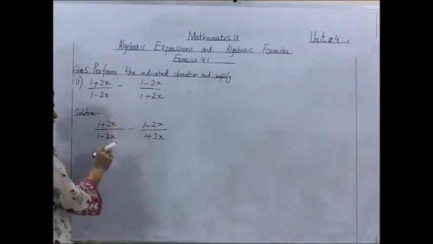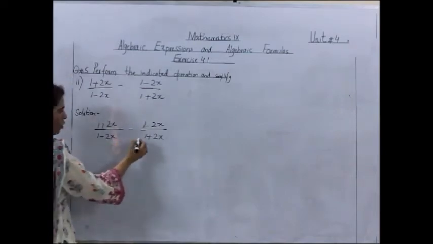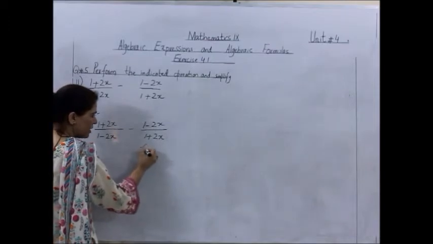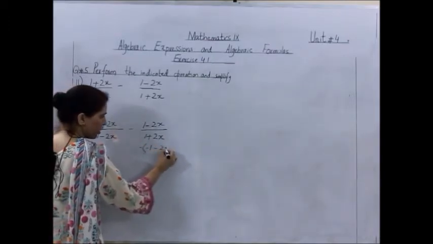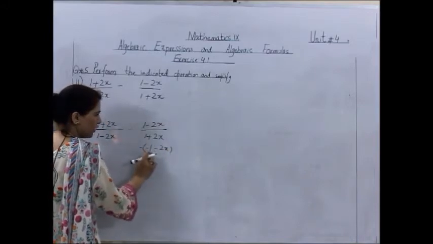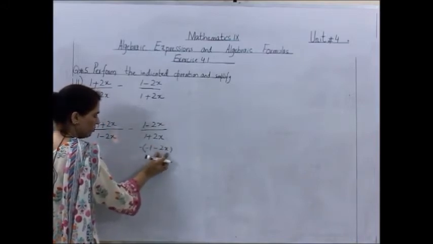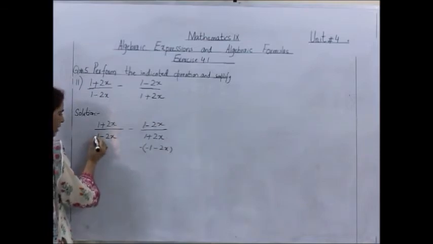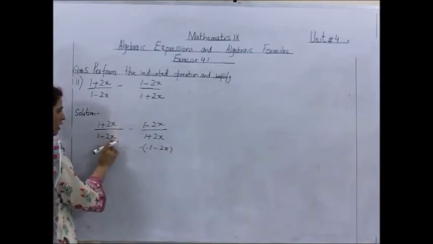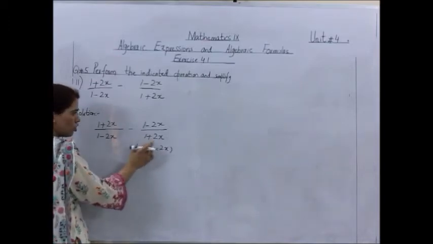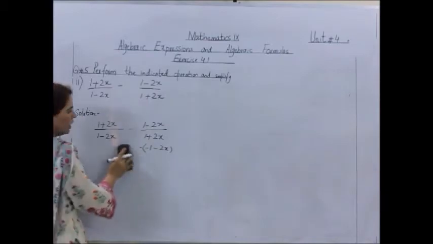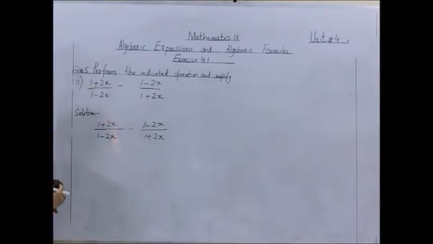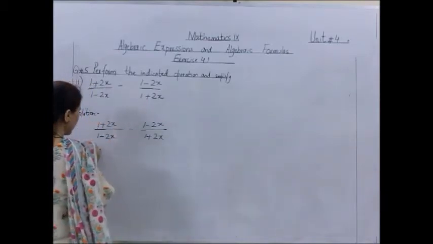We cannot do the same thing over here, because see, if we take minus as common, minus 1, minus 2x. 1 will also become negative, 2x will also become negative, but we need 1 as positive and 2x as negative, and if we take minus as common, both the terms will become negative, so we cannot take minus as common. We also know what LCM is.